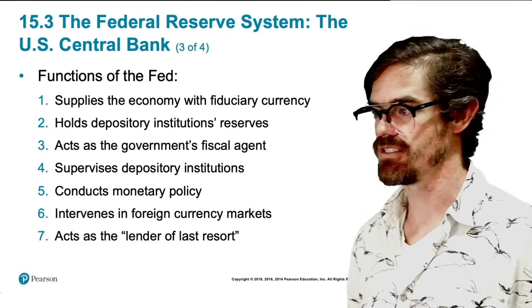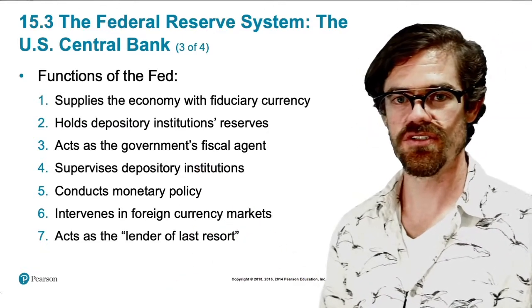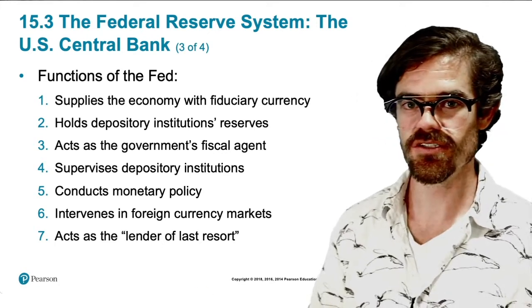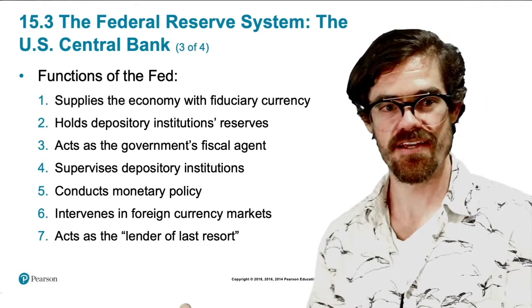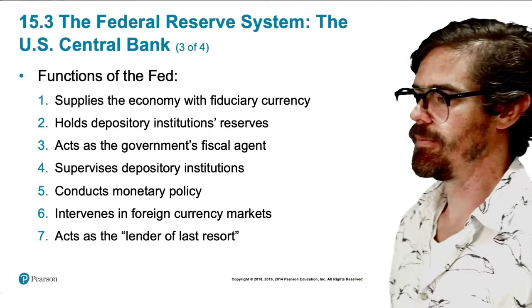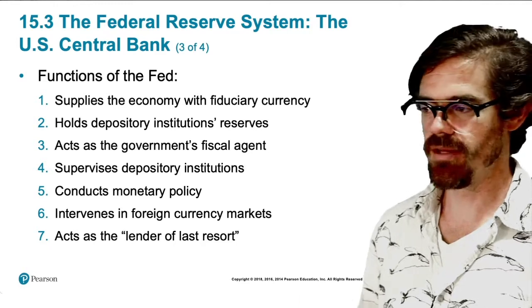So the bank of banks. It also acts as the federal government's fiscal agent. So when the government is purchasing things, the Fed has that money and sends it to whoever is owed that money. It supervises and regulates commercial banks.